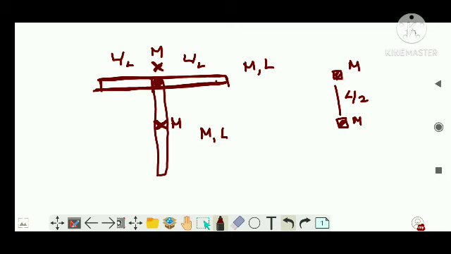Now equal masses, right? Where will be the center of mass? It will be half the distance, so that will be L by 4. See, you solve the question in fractions of a second, right? So the center of mass will be L by 4 from either side. Clear, right? I hope this much is clear, right?